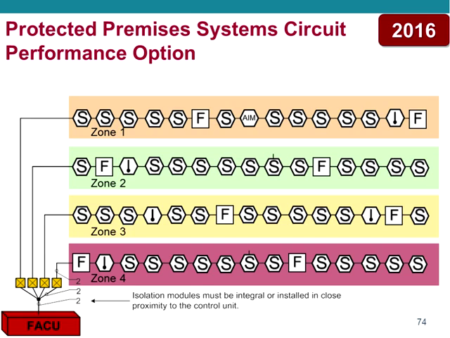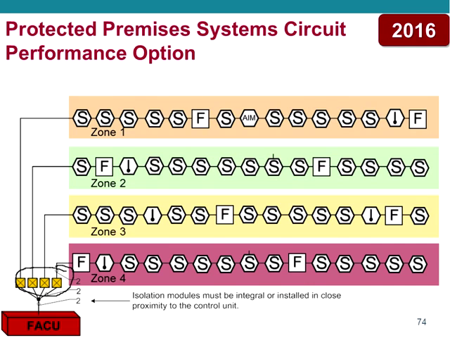And then we have another option, which is a single Class B loop or circuit that we put close tapped or close coupled isolation modules on. They really should be very close to the control unit, if not inside it, although I don't like to put other things inside.